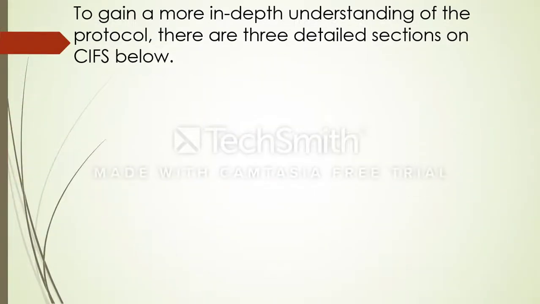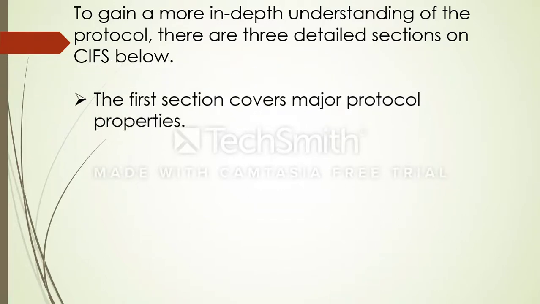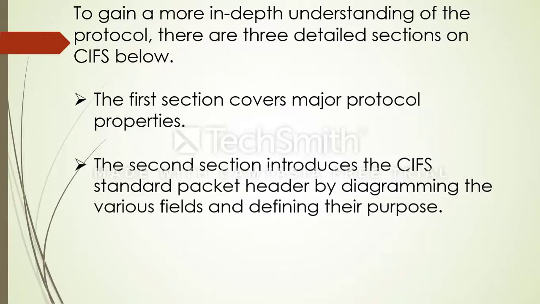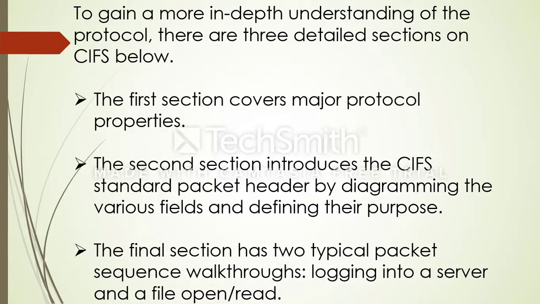To gain a more in-depth understanding of the protocol, there are three detailed sections on CIFS below. The first section covers major protocol properties. The second section introduces the CIFS standard packet header by diagramming the various fields and defining their purpose. The final section has two typical packet sequence walkthroughs: logging into a server and a file open or read.